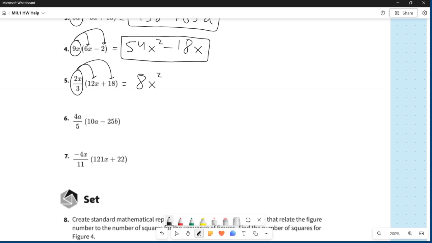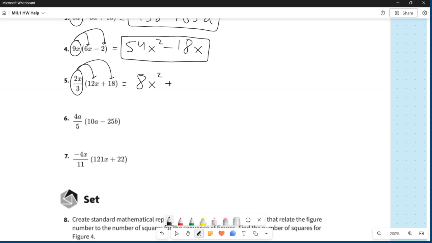Again, if that multiplication throws you for a loop, you could go to your calculator and type in 2 divided by 3 times 12, and you'll get 8. However, if you can think about what's happening here with the fraction, it will make your life a little bit easier. So 2/3 of 12 is 8. And then 2x over 3 times 18, again, we're looking for what is 2/3 of 18?